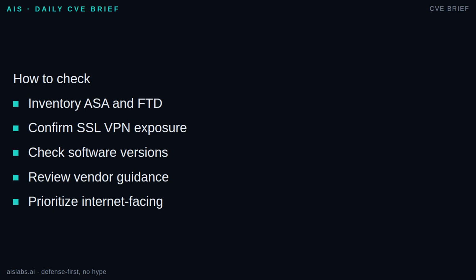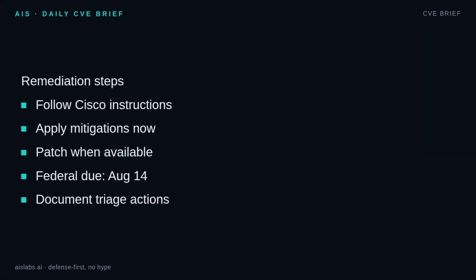Confirm the exact software versions and compare them with Cisco's advisory and mitigation instructions for CVE-2026-20349. Do not stop at the obvious production pair. Look for old VPN endpoints, temporary remote access devices, and appliances owned by business units. If the device is internet-facing and supports SSL VPN, treat it as a priority until you prove it is not exposed.